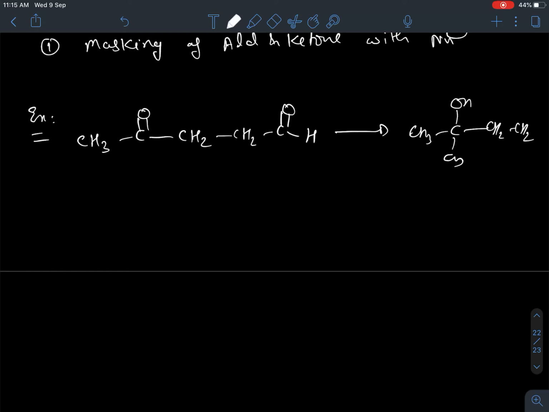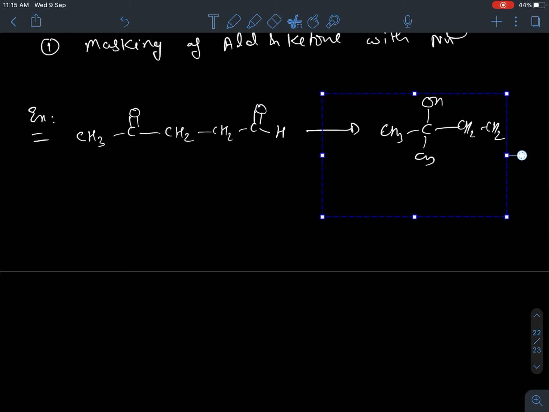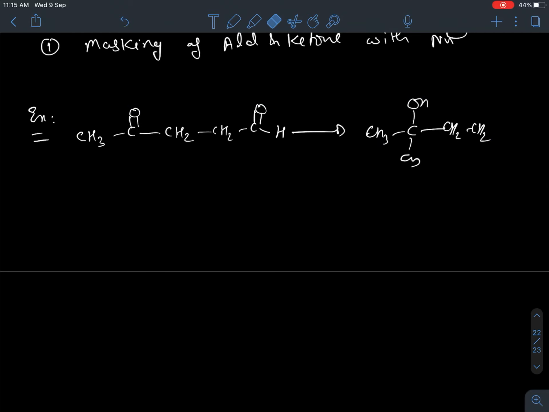But your aldehyde should not be affected. Or suppose what you want, let us change this because I want to mask now both of them.